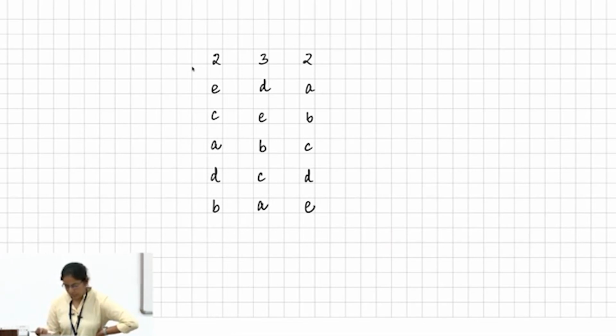So here, let me just write down. For this election, what I wanted to do was work out the Copeland scores. I have the majority graph, but in the interest of time, let me just write down the Copeland scores directly.